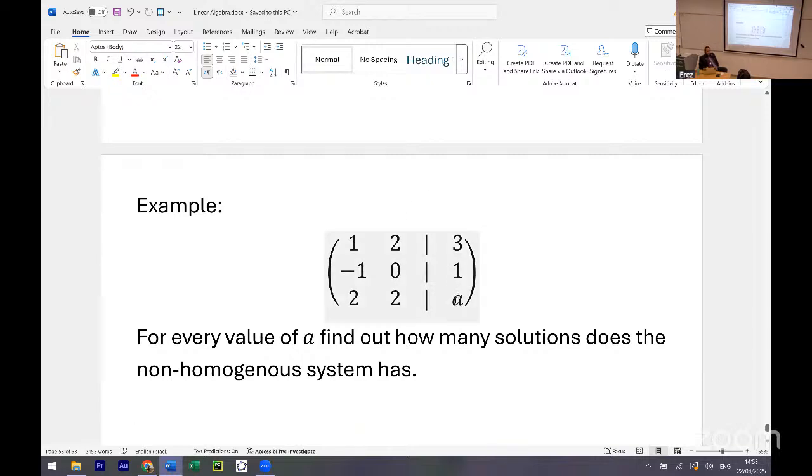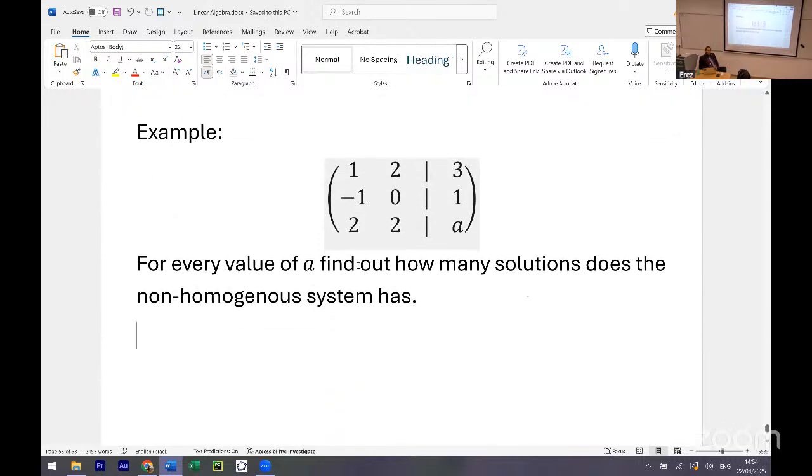That is what I actually ask in the test always. But that's kind of simple because the parameter just appears at the end. It's a bit harder when the parameter is in the middle and when there are 2 or 3 parameters, and we'll do a few examples to be very fluent in solving these kinds of questions, because it's so important throughout, including linear algebra 2.